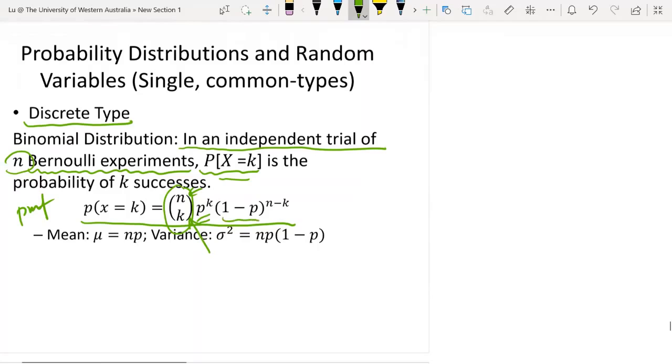Multiply this times the probability that we fail the Bernoulli experiment to the power of the number of times that we fail. Based on this PMF function, we can derive the mean value and the variance value by using the method that we introduced in the previous slide. You can try it out by yourself.